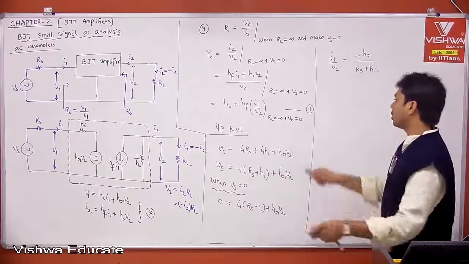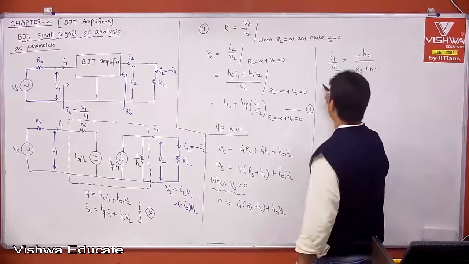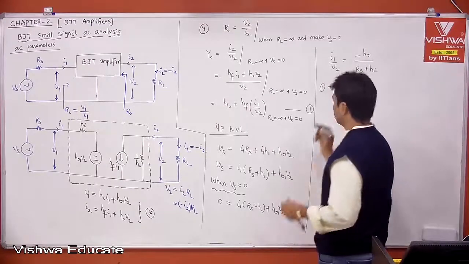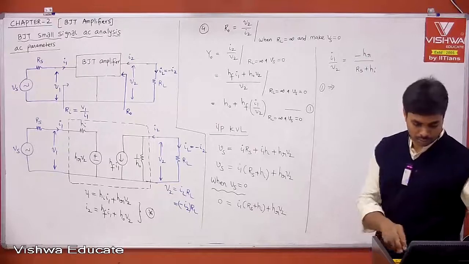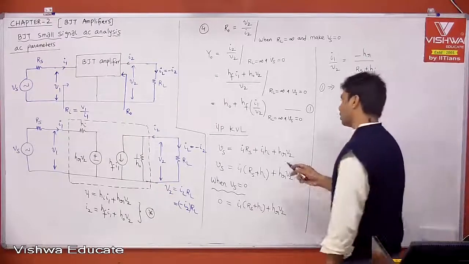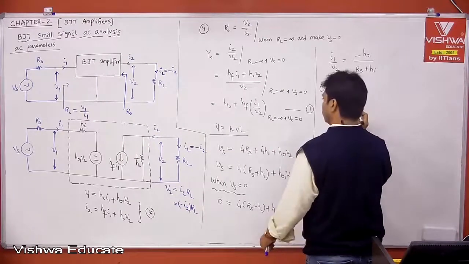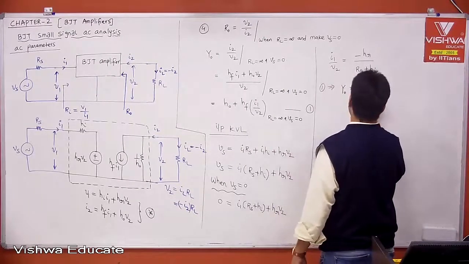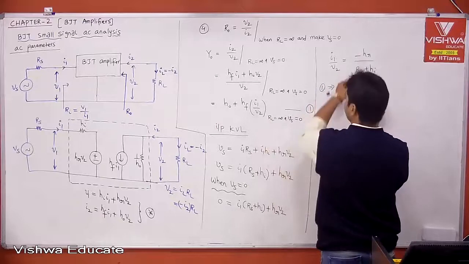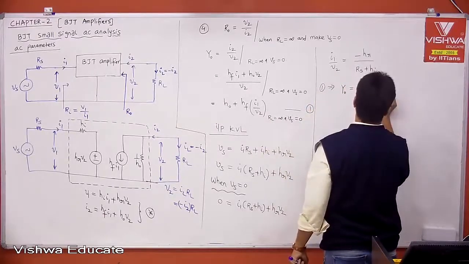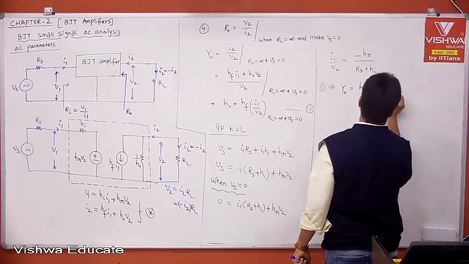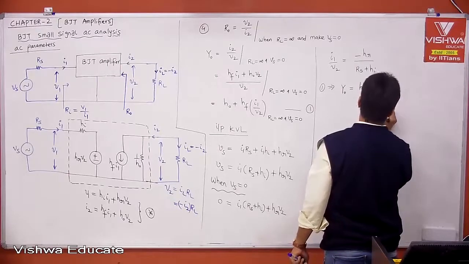Then substitute that in equation 1. What is Y0? Y0 is equal to HO, but it is minus, therefore minus HF into HR divided by Rs plus Hi.